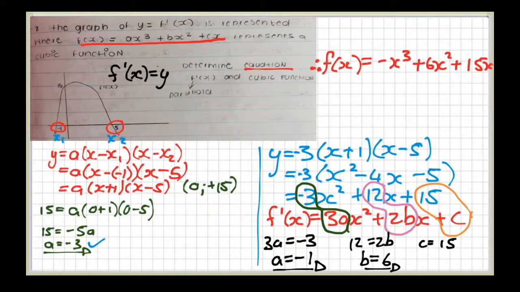Have I now answered the question? Yes, I have. And therefore, I can go on to the next question. I can go over to where I want to go next.